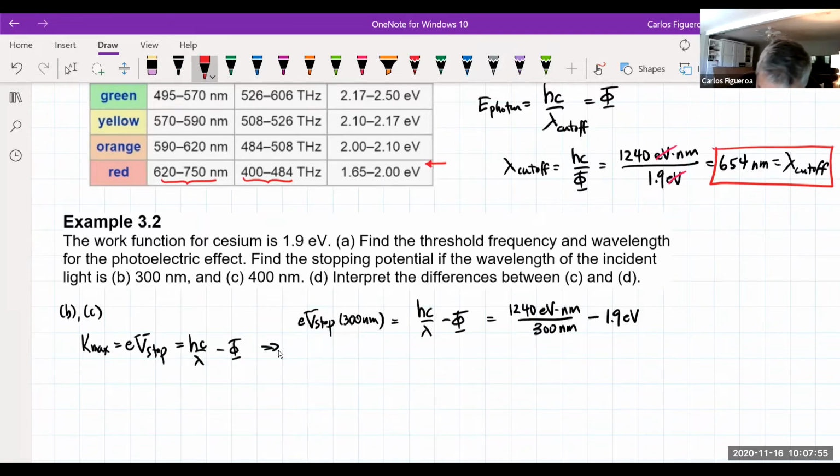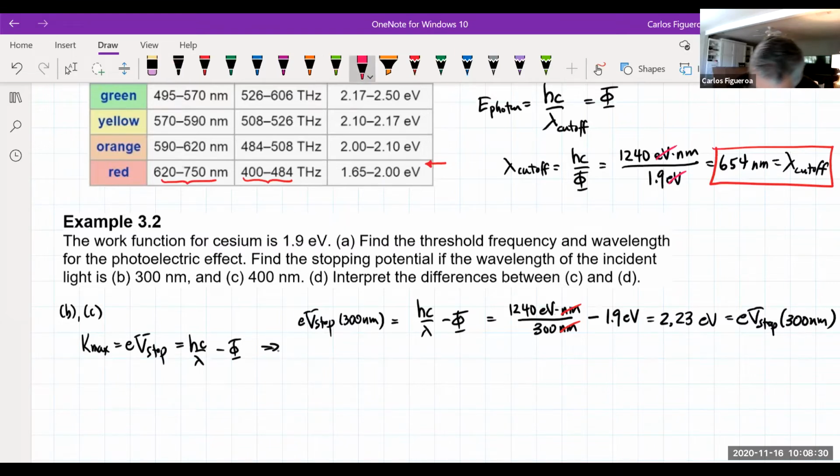So it is true that I do have e on both terms here. And if I compute that, I'm going to get 2.23 electron volts. This becomes the stop voltage for 300 nanometers.